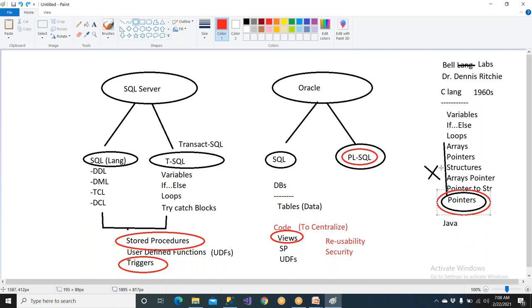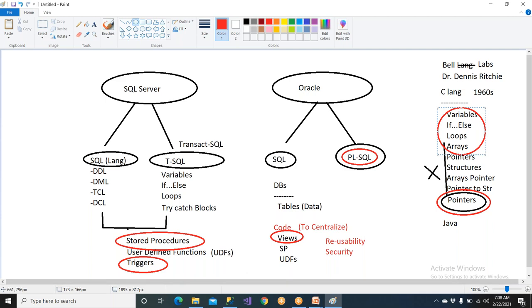Even if a teacher is not there today, you have YouTube. At least go through it and try to learn a few concepts. Pointers, structures, arrays, all these things are not at all needed to understand programming. Learn the basics completely, so that tomorrow you never say, sir, stored procedure is very complicated programming.